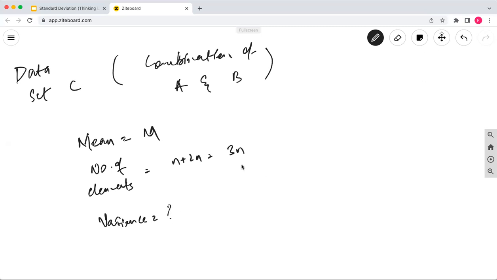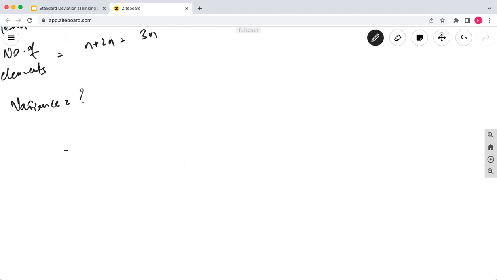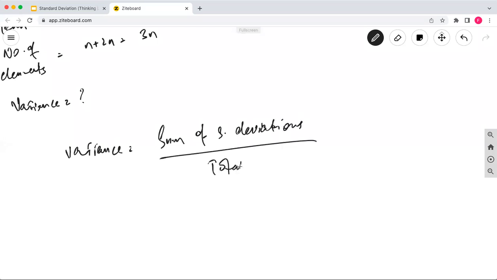Okay, now if you remember the formula of the variance, variance is equal to the sum of square deviations divided by the total number. We have already combined both data sets, so the number of elements are x1, x2 up to xn, then y1, y2 up to y2n.